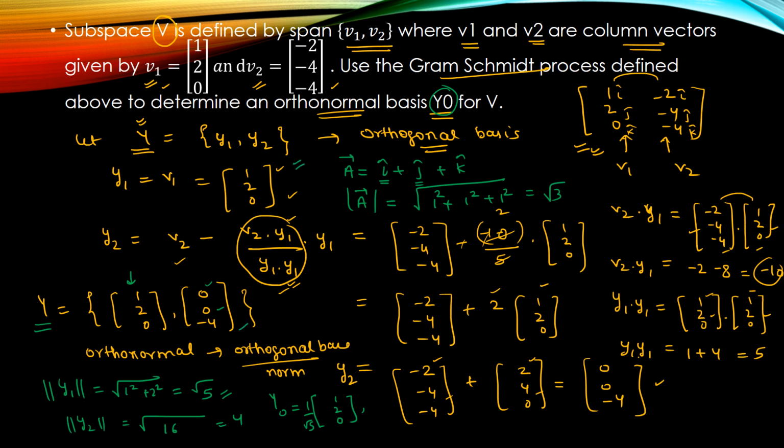Divide it with the norm of y2, which is 4, and your answer is here. So this is the orthonormal basis for subspace V.